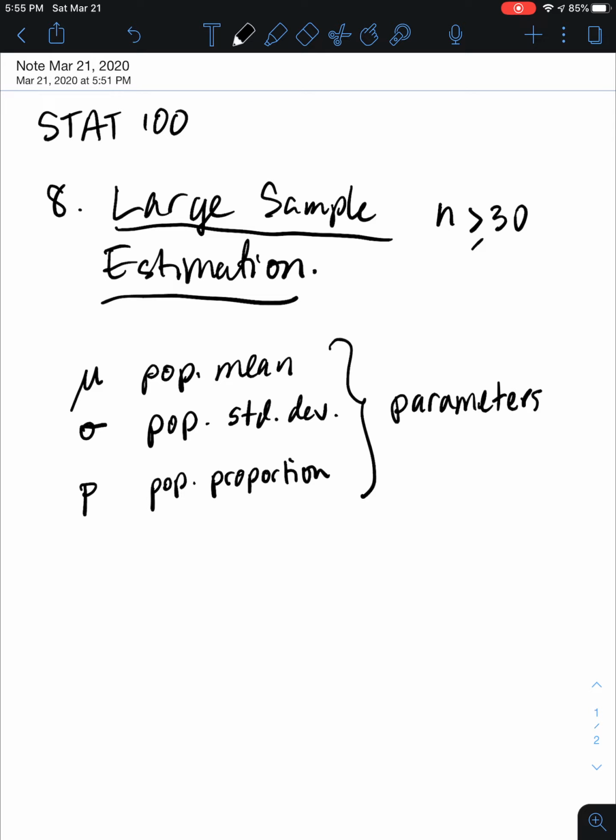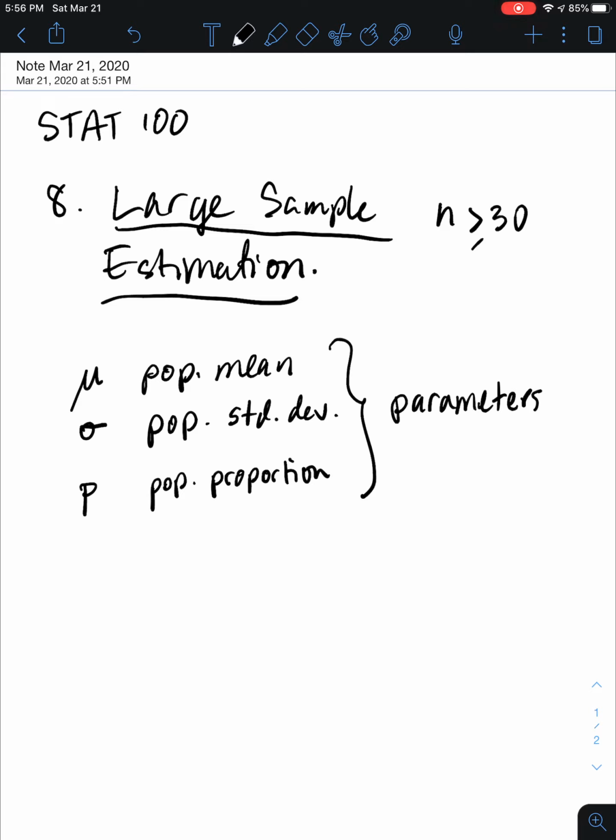So the population proportion of those who are going to vote Liberal in the next election, we can actually find that out. We hold the election. It costs whatever it is, $100 million. And most researchers don't have access to that kind of money. Same, if we want to determine any of these parameters, we have to survey an entire population. So that can be very expensive, or it can be impossible in the case of hypothetical populations.